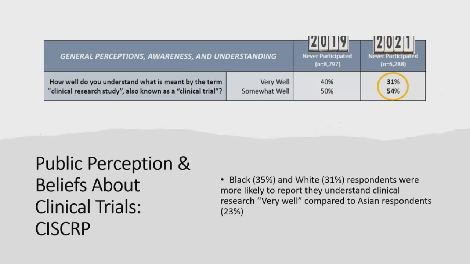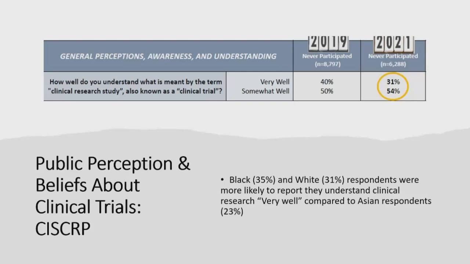The latest study results showed that among people who had never participated in research, the proportion of respondents who said that they understand the term clinical research study or clinical trial very well dropped from 40% in 2019 to 31% in 2021. And actually, that is a significant drop. And if you can imagine, this all happened during the pandemic years when we were inundated with information about clinical trials for vaccines.